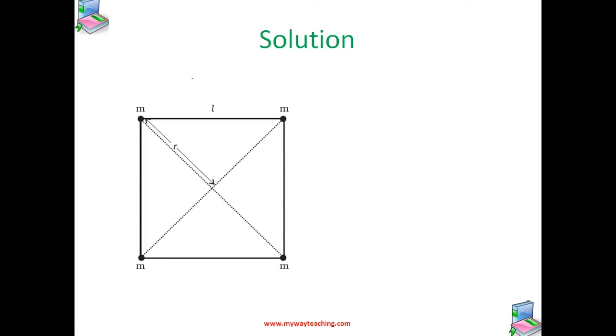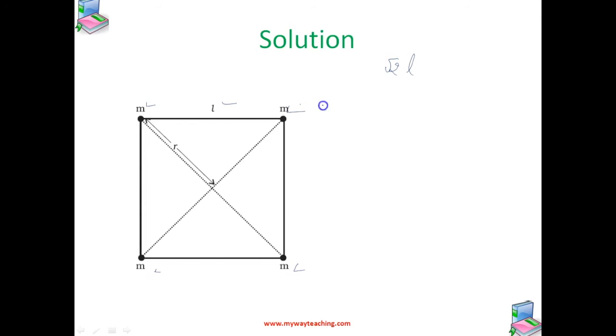Consider this square for reference: four masses, each of mass m, at the vertices of a square of side L. We have four mass pairs at distance L, and two diagonal pairs, which are at a distance square root of 2 times L.